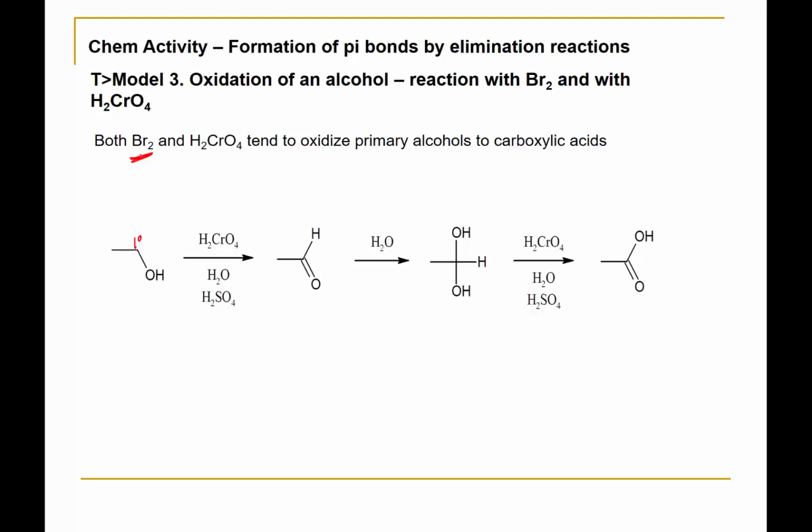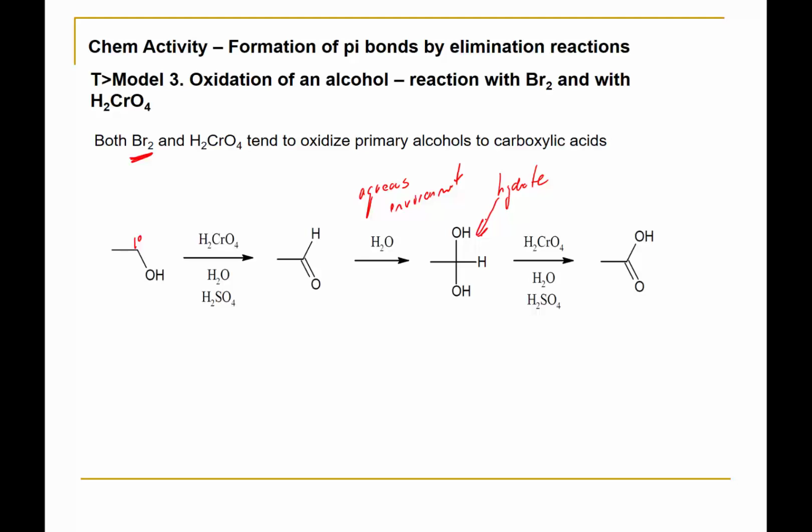Now, because this is done in an aqueous environment, there's something else that happens once the aldehyde forms. And that is, we form this hydrate. We'll examine the mechanism involved in forming this hydrate, but for now, I just want to take a bird's eye view. This is crucial in order to have further oxidation.